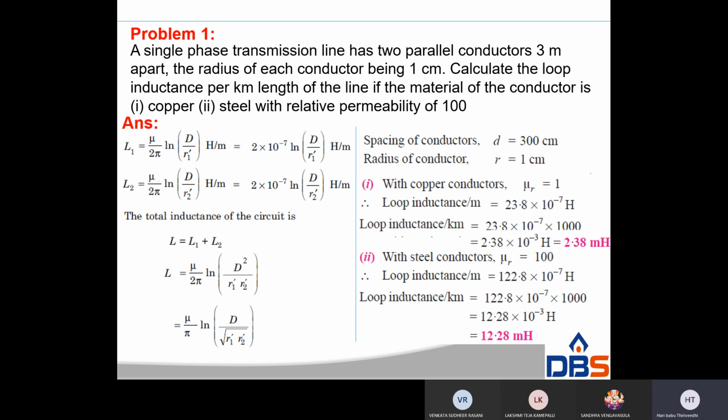I am giving one formula: loop inductance per meter equal to 10 power minus 7 into mu r plus 4 ln D by r Henry per meter, right?